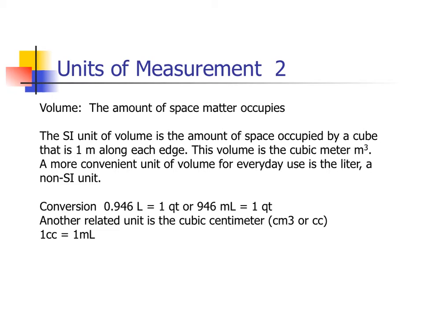The volume is a little bit different, and that is the amount of space that matter occupies, where mass is the amount of matter that something has. We remember back to Unit 1 that gases take up a large volume.